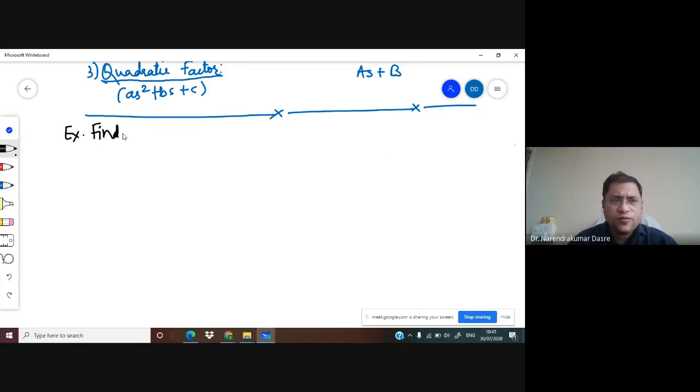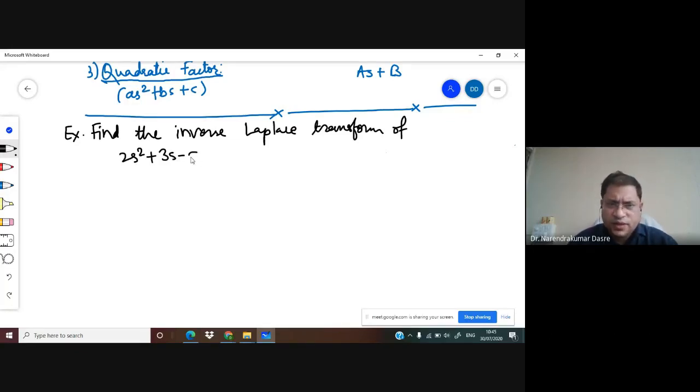Find the inverse Laplace transform of 2s square plus 3s minus 9 upon s cube minus 6s square plus 11s minus 6.